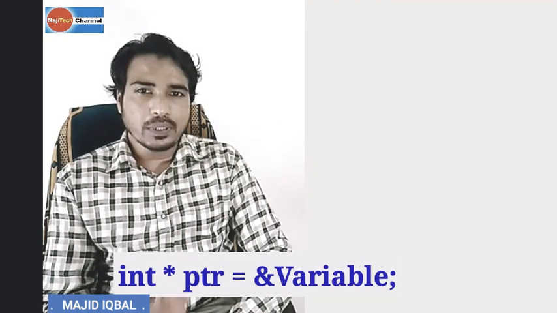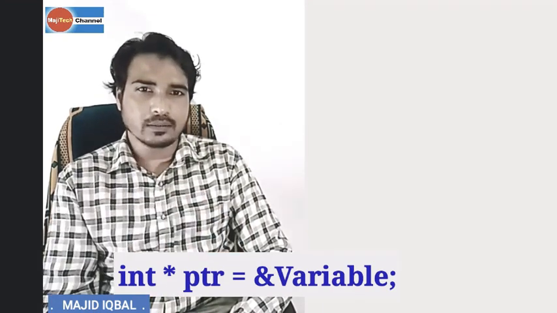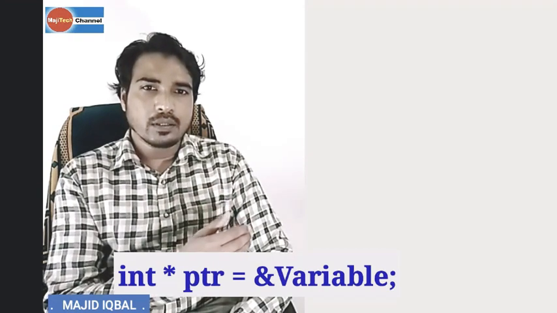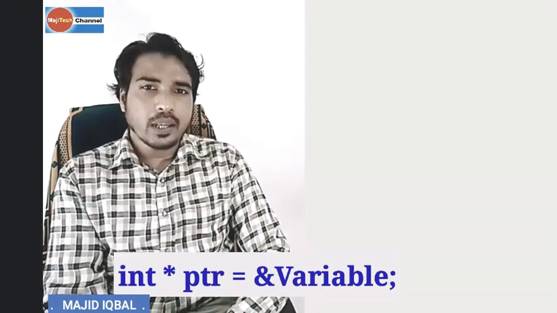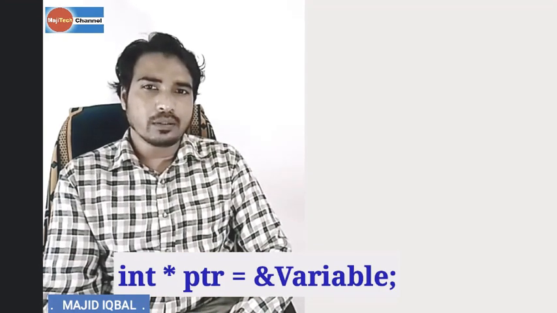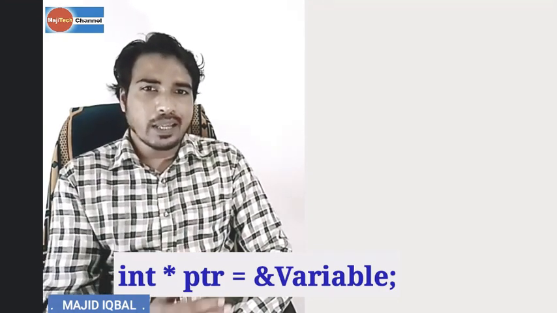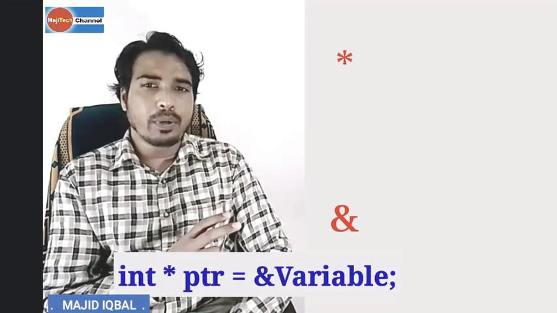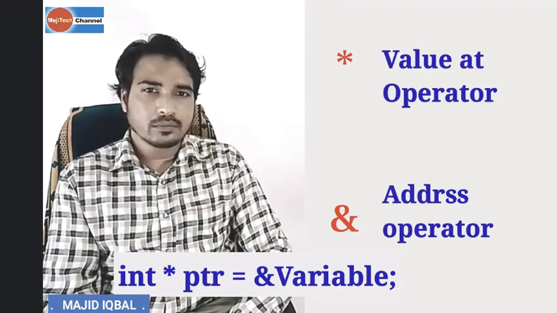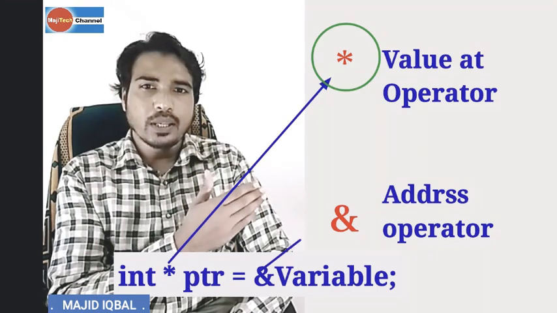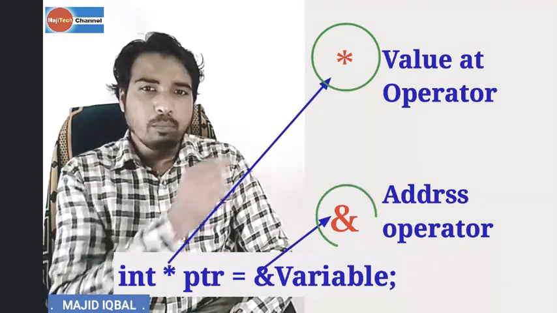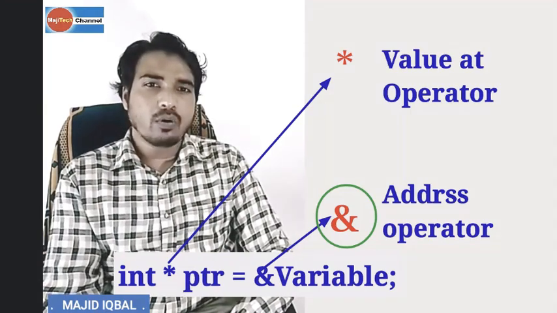For example, address of a, address of b, address of ptr, etc. Initialization of pointer takes the general format as int *ptr = &variable. In this lecture, these two operators are important. Asterisk is known as value at operator and ampersand is known as address of operator.